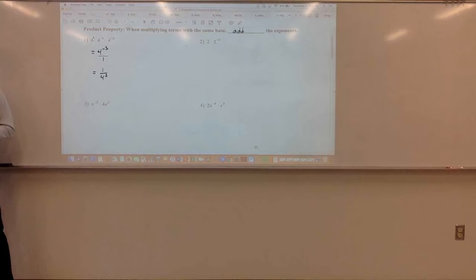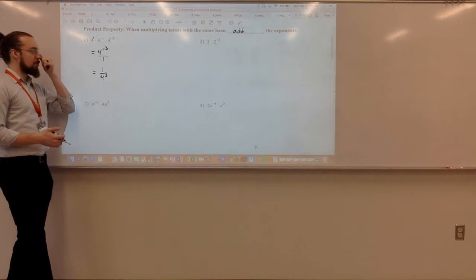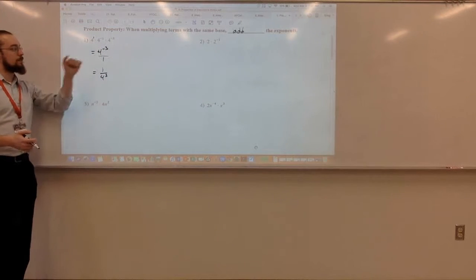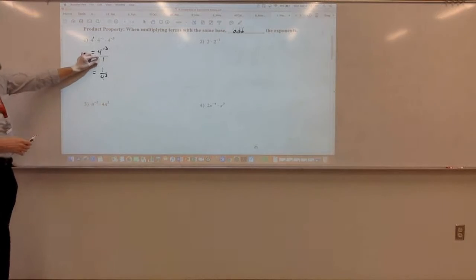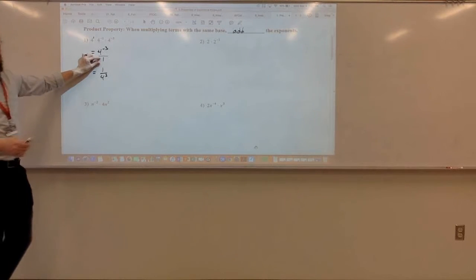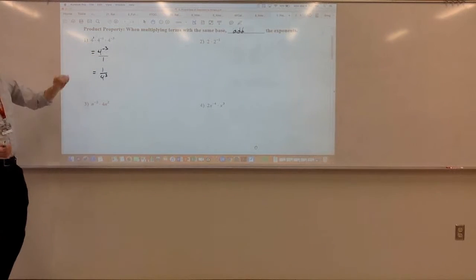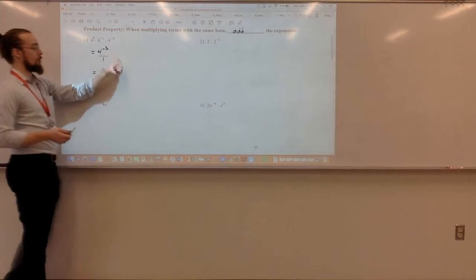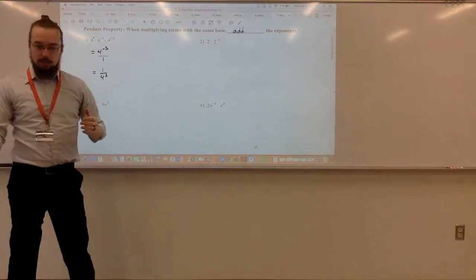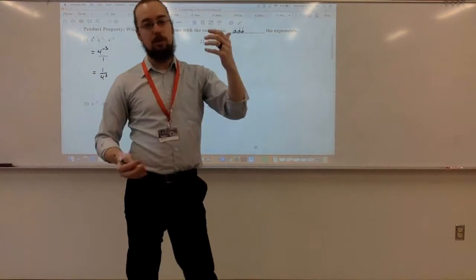So you're just reversing it. On the flip side of that, if this were 4 to the negative third in the denominator, I could bring it to the numerator as 4 to the positive third. So whenever we have a negative exponent, we can make that exponent positive by taking it either to the denominator if it was in the numerator, or vice versa.